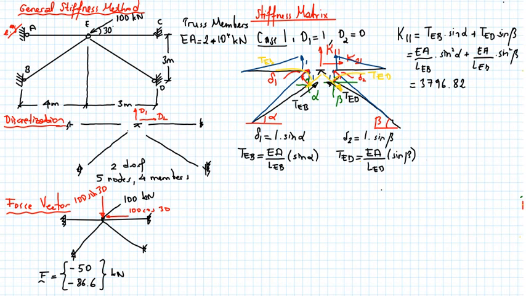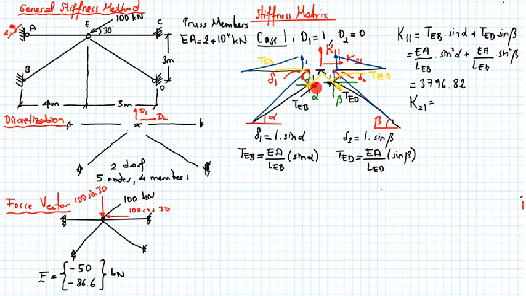Now let's calculate K21. So for K21, I have to determine the horizontal components of these two. And K21 will be equal to the horizontal component of TEB minus the horizontal component of TED.